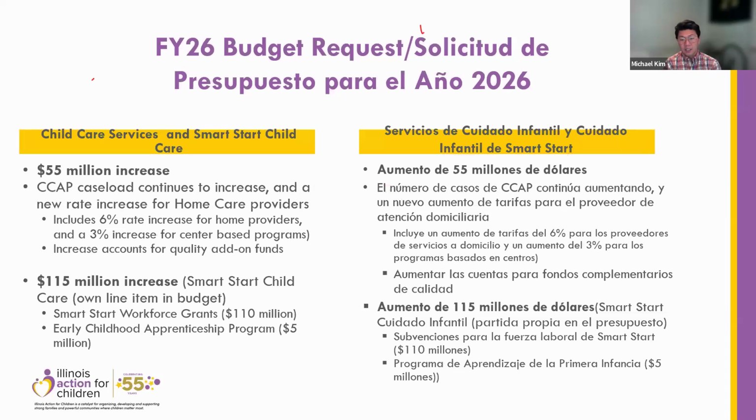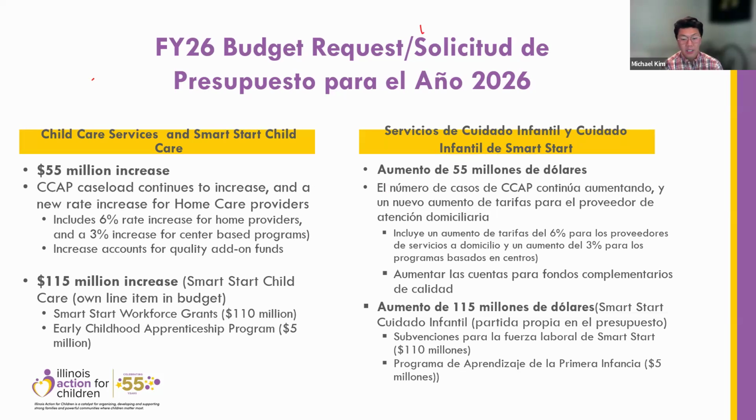With our $55 million ask, we also included a 3% increase for center-based programs so that they can at least stay within the rate parity of home-based providers and make sure that they also get an increase and not only home-based providers.